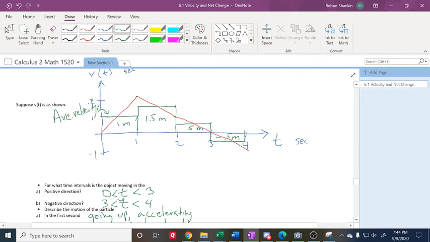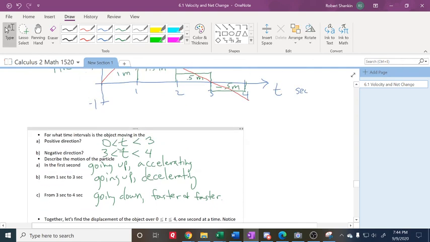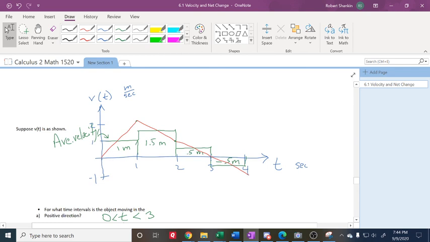Now these two would cancel each other out, and I would get 2 meters as my displacement. If I had asked what was the distance traveled, the only thing different is I would have taken the absolute value of this, so that instead of going underneath the x-axis, it would have come up, and I would have gotten positive 0.5 meter.